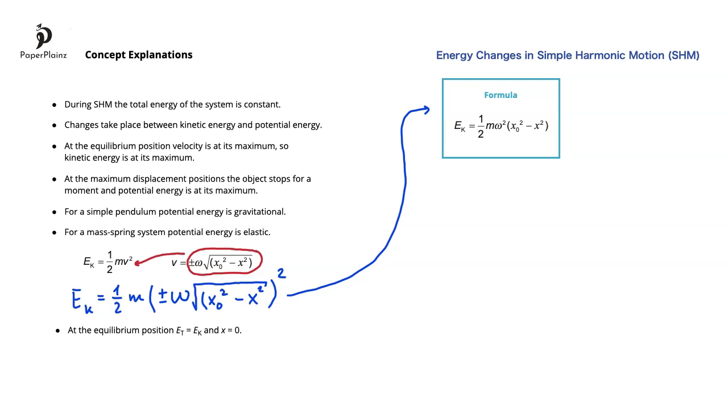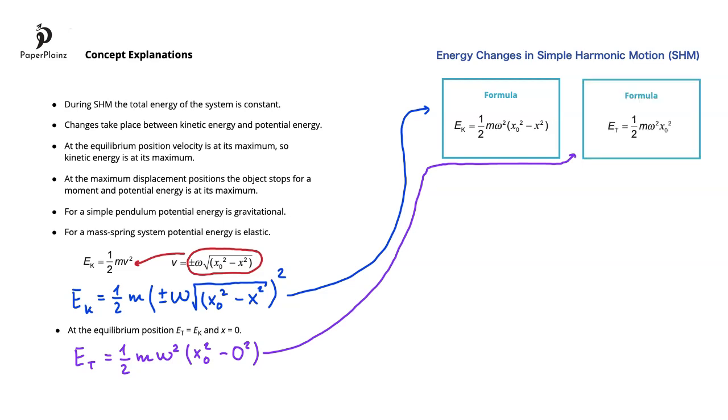Combining this with the formula that we just found, we get that at the equilibrium position, the total energy is equal to 1/2 times m times omega squared multiplied by x0 squared minus 0 squared. Since 0 squared is 0, for the total energy we get this formula.